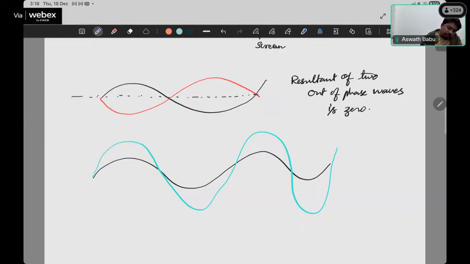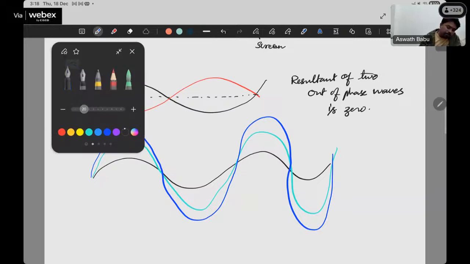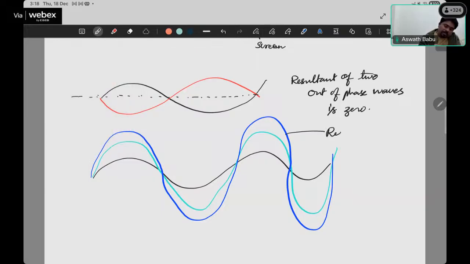The resultant would be an enhanced signal. So here this is the resultant of two in phase waves.